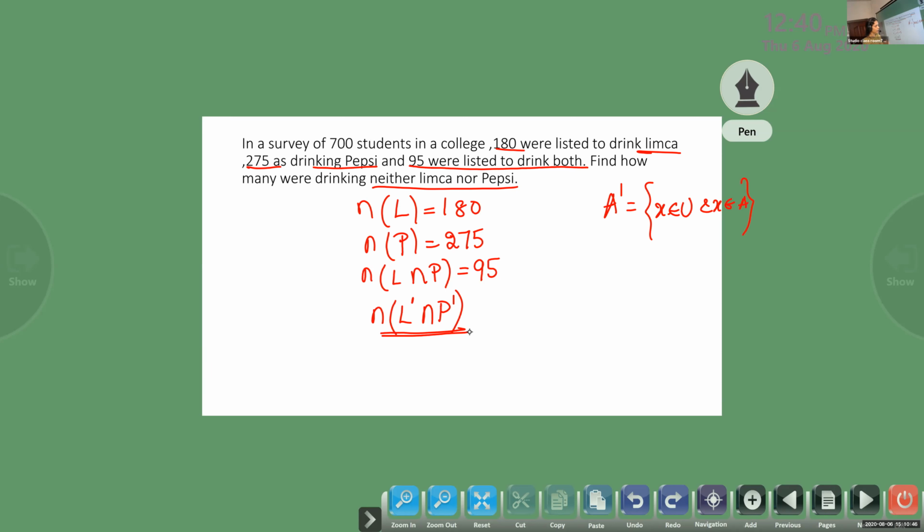Again, here we have to use De Morgan's law. Apply De Morgan's law.